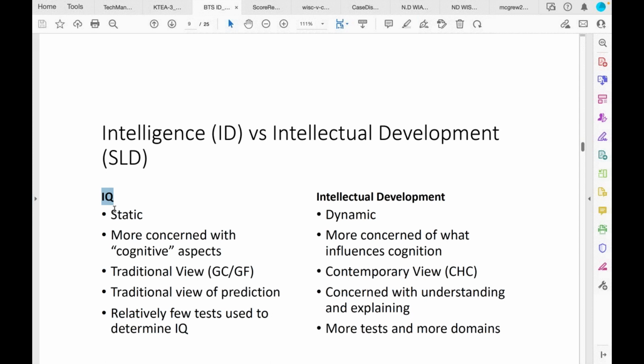And so G stands for general, but there's a big G overall, like a GIA score. Now let me show you something else that is interesting.